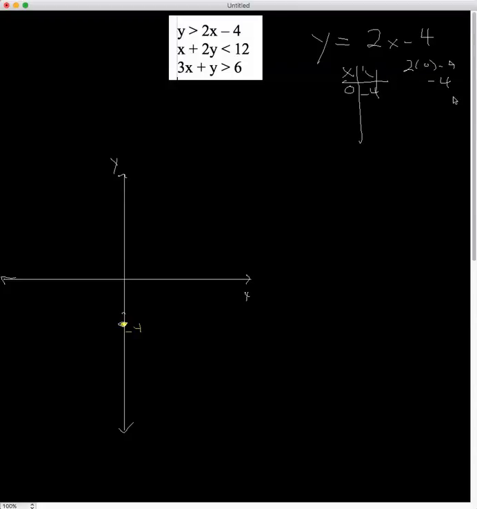So imagine I picked x is equal to 2. I put 2 here. My equation would be 2 times 2 minus 4, and that should give us 0. So I have a point which is at x is equal to 2, y is equal to 0.